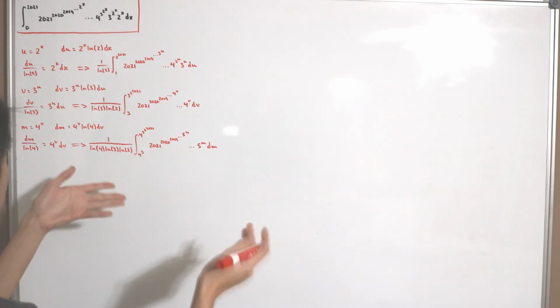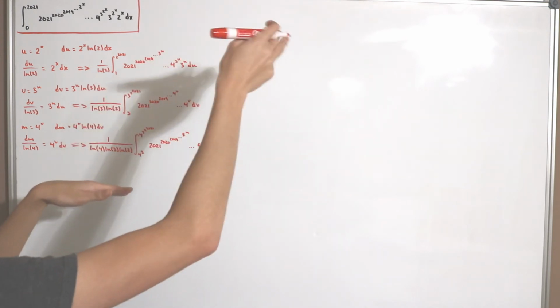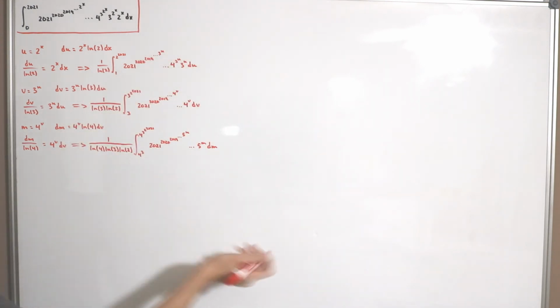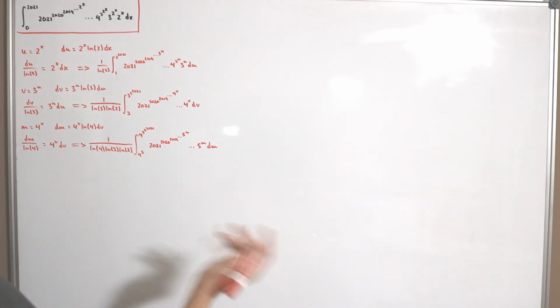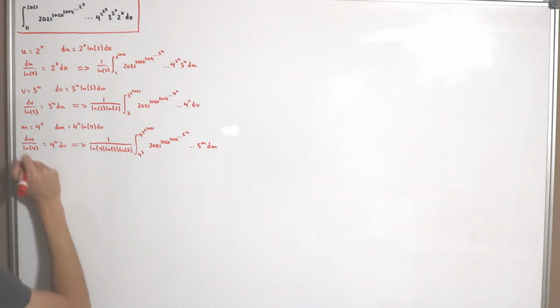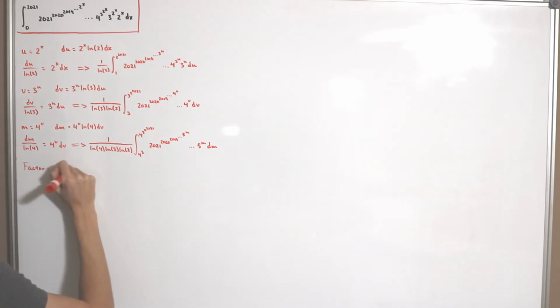When we do this many times, we see that our bounds have nested exponents. So continuously doing this many times for some constant a, each factor comes out as 1 divided by ln of a.